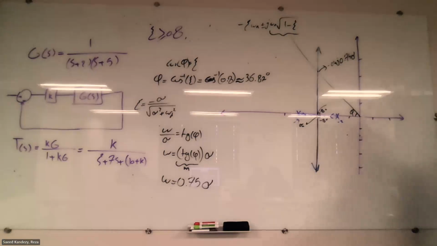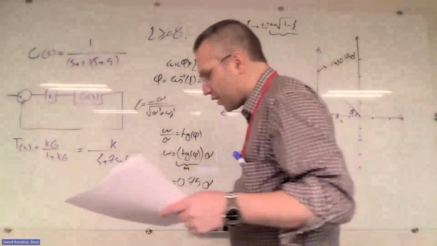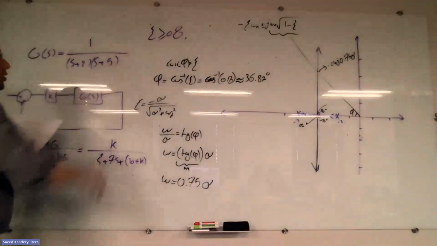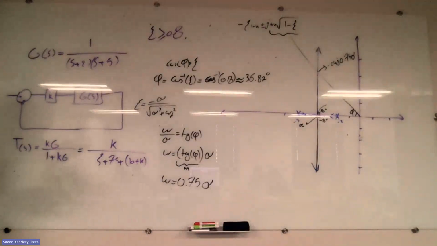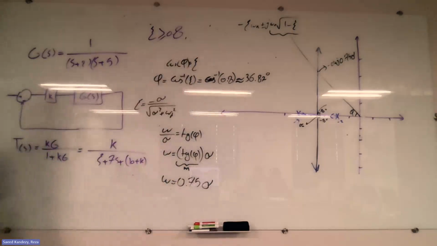Now, if we put this value inside of the denominator of our function, we put that minus delta plus J 0.75 delta.